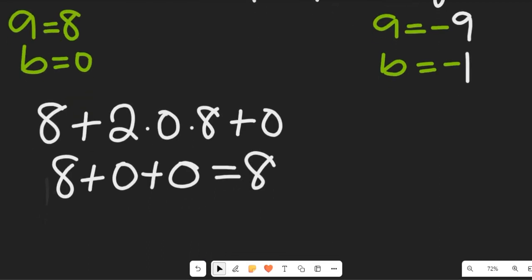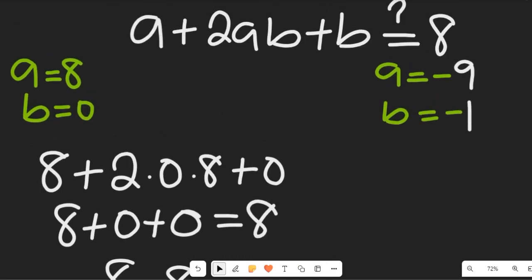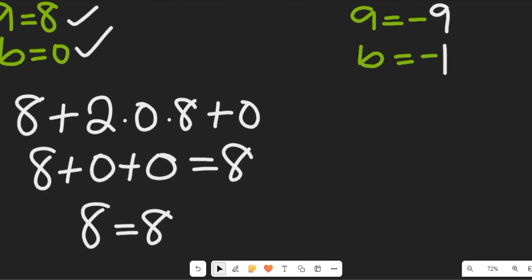So that means 8 on the left hand side is equal to 8 on the right hand side, which tells us that the value of a and b here are absolutely right.